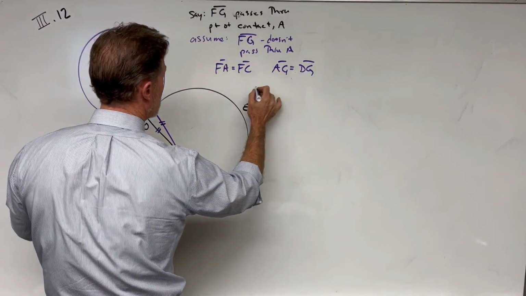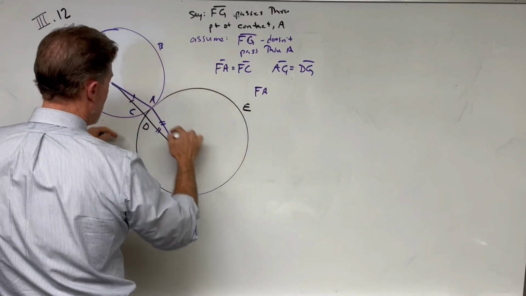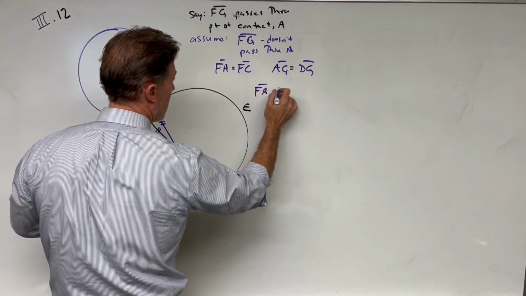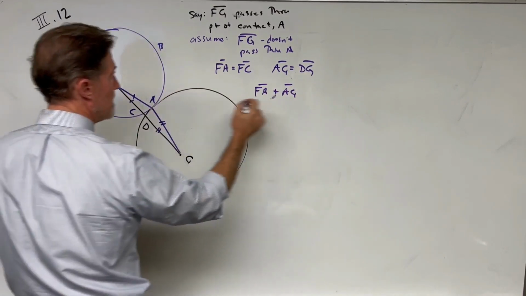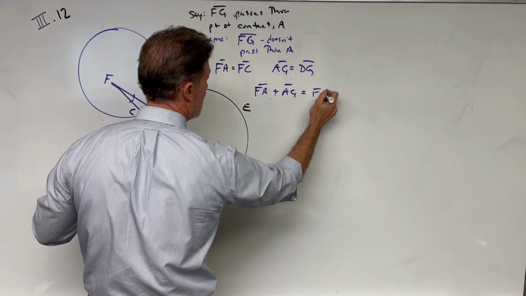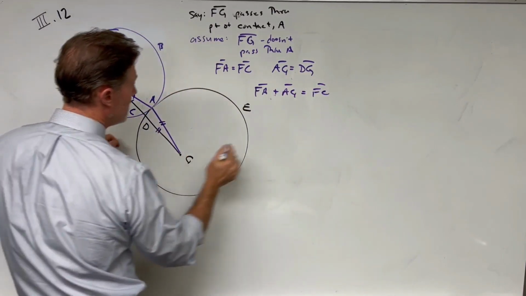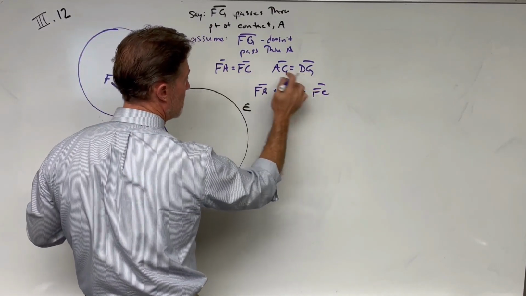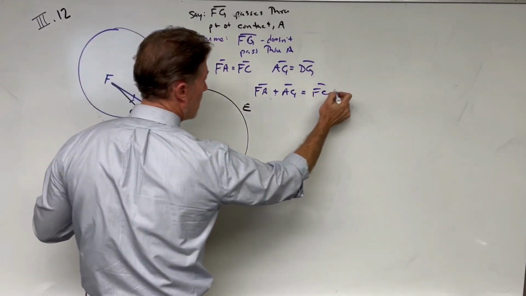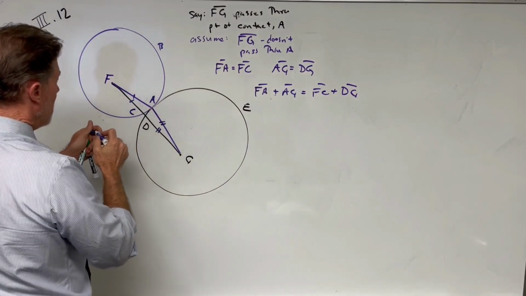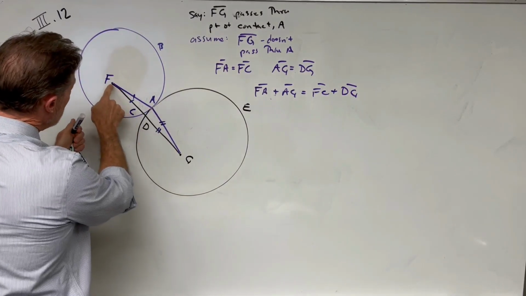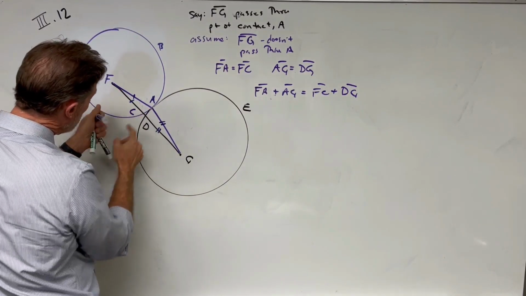So let's take FA and add AG. Well, that is going to be the same as if we took FC and added DG, because we're just taking one of each of these two equal sets. And notice here, FC and DG don't quite meet.